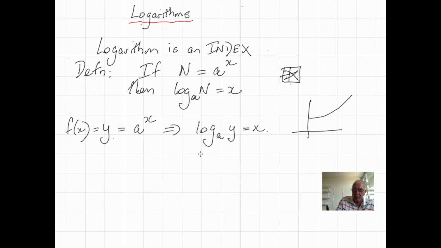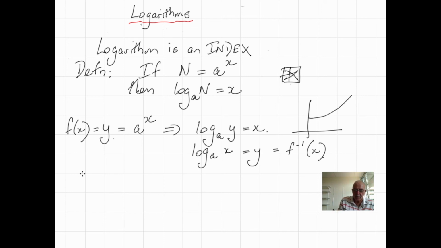So instead of that x we can put a y, so y equals the log of x to base a. So we're saying that this is the inverse. If this is f of x, then this is the inverse function, which we write f to the minus 1. So taking the log is exactly the opposite of the exponential function y equals a to the x.